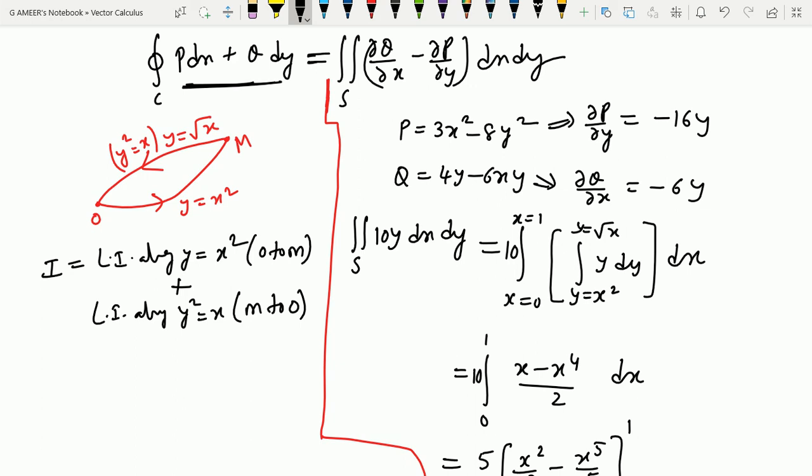First y equal to x square, then the second part. Let us call the first part I1 and the second part I2. I is I1 plus I2.